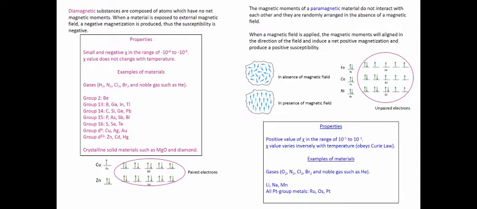In this experiment, we are going to measure the magnetic susceptibility of manganese 3 acetylacetonate, and from there we'll calculate the number of unpaired electrons of manganese 3.